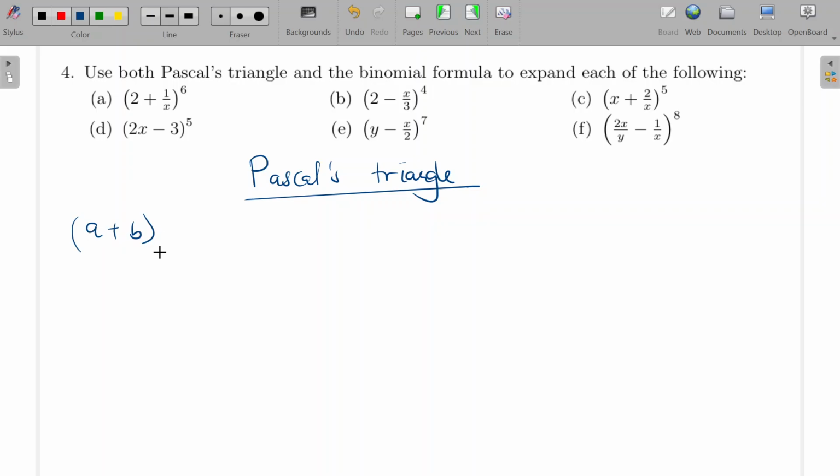Since there are 2 terms, that's why it's called binomial expansion. So in Pascal's triangle, you start with a 1. Why are we starting with a 1? If I have A plus B raised to power 0, what are we going to get after everything here?